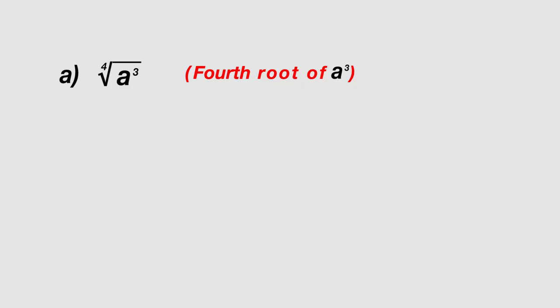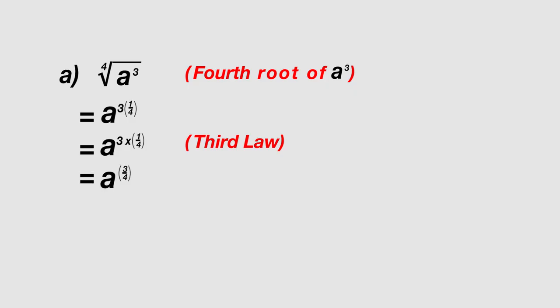Now, this can be written as a cubed raised to the power 1/4. And then we can use one of the laws that we learned to multiply the powers. So this becomes a raised to the power 3/4.